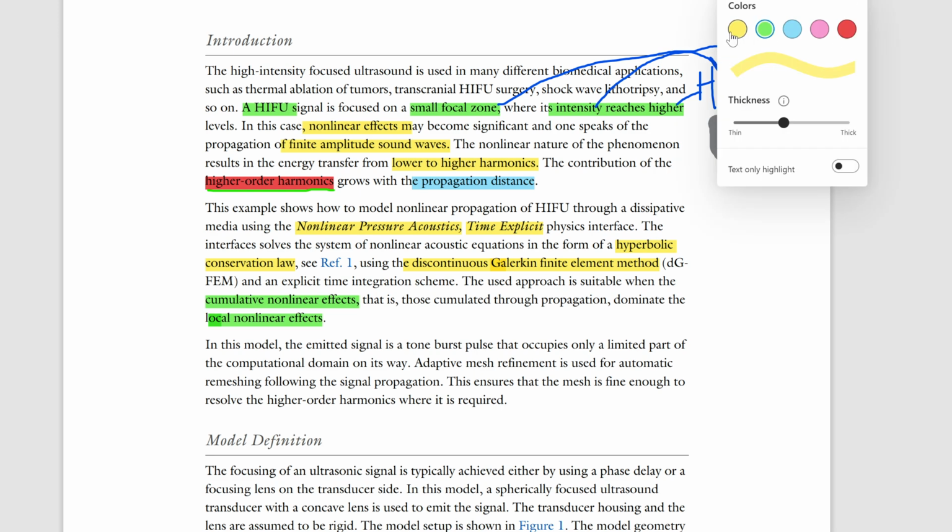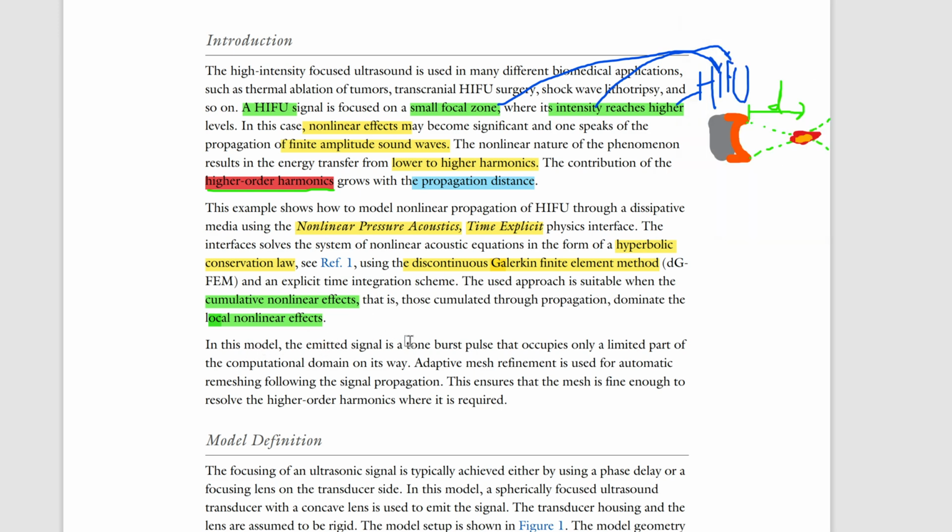Okay. In this model, the emitted signal is a tone burst pulse that occupies only a limited part of the computational domain on its way. Not really having questions there. Adaptive mesh refinement is used. So I'm thinking adaptive mesh means that the model we're using is going to have higher geometry in it so that we can have higher resolution.